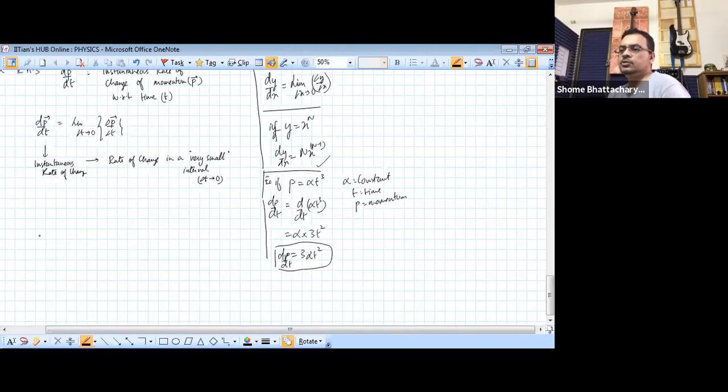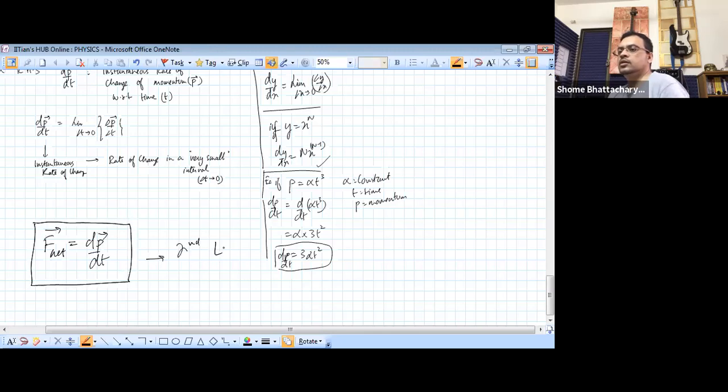So my equation now becomes that net force equals the rate of change of momentum. This is the statement of Newton's second law. The next thing is, what is momentum here? Where P is nothing but mass into velocity.